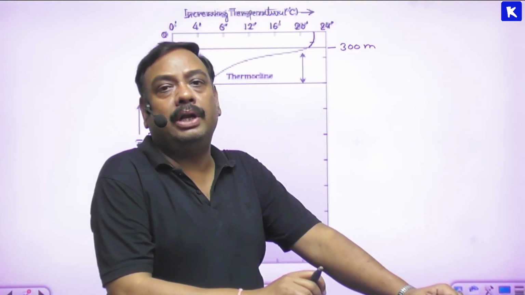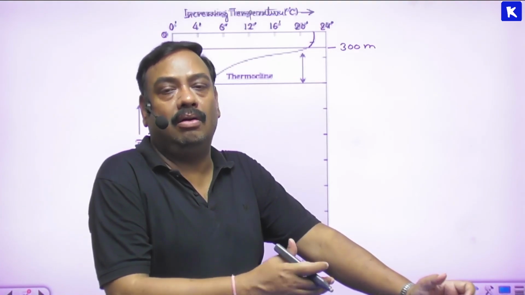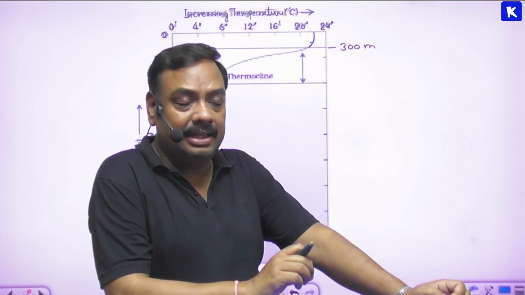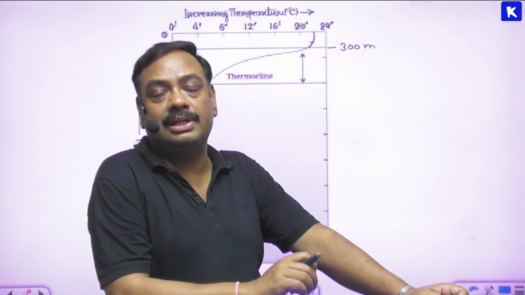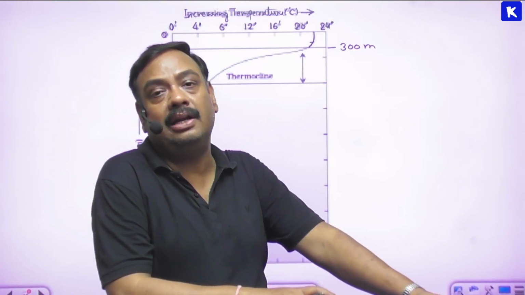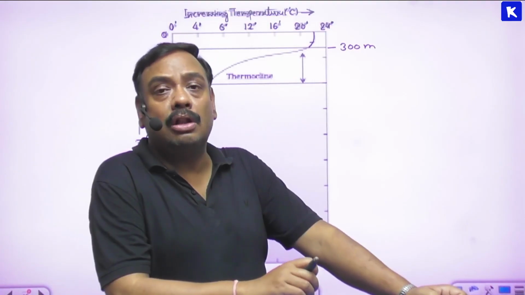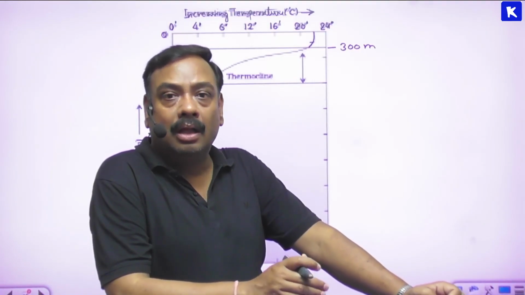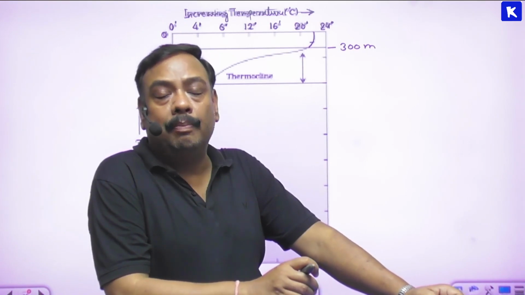But in the photic zone, one more thing happens. The incident solar radiation which is able to penetrate the sea surface not only provides heat energy to the sea surface, it also provides some amount of heat energy to the ocean water below the sea surface.